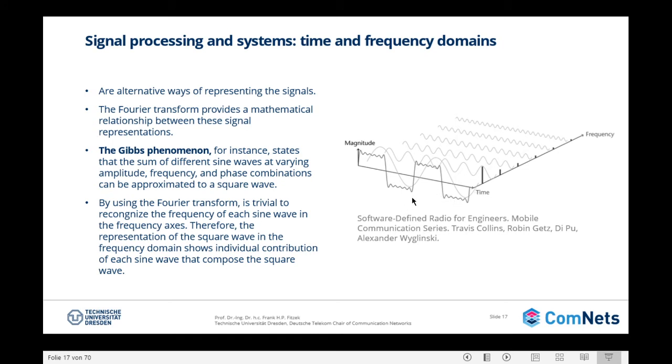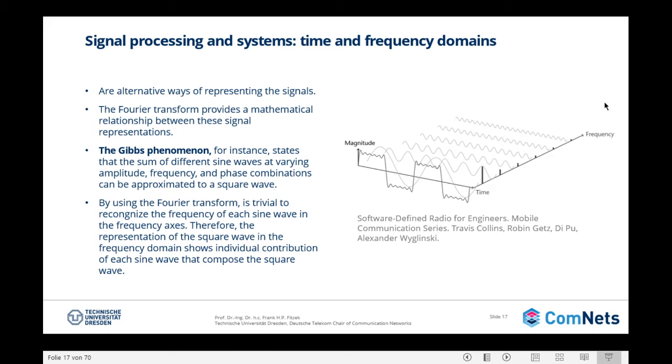If we want to go from the time domain to the frequency domain, or vice versa, we need to use what is called the Fourier transform, which provides a mathematical relationship between these signal representations.